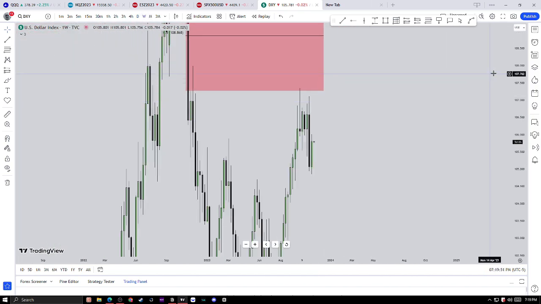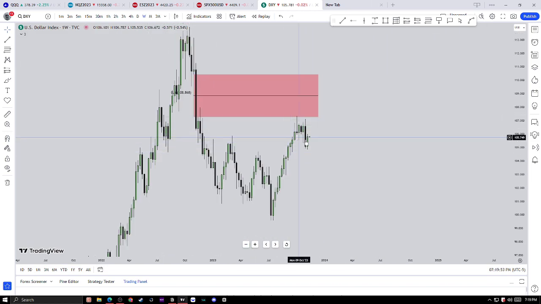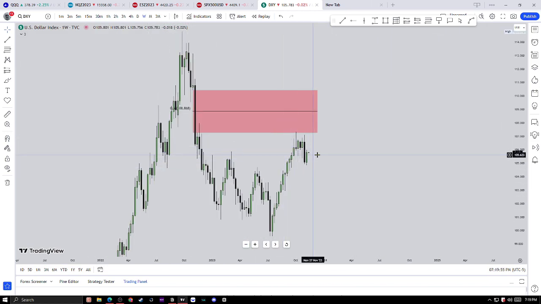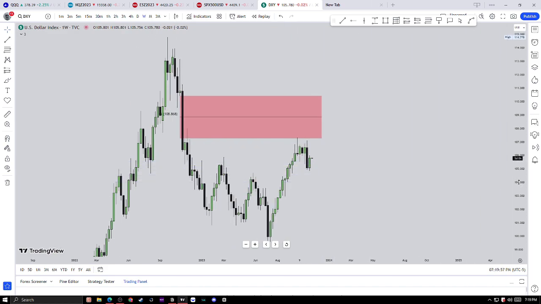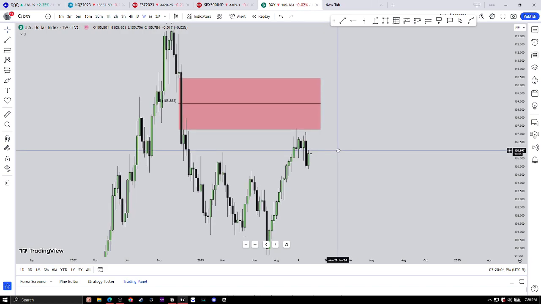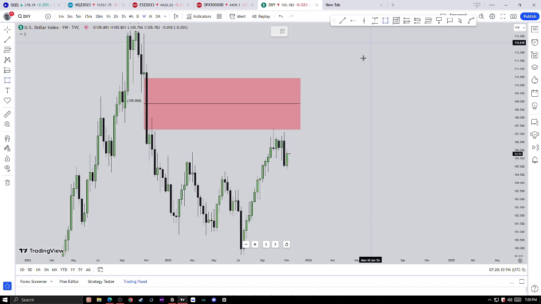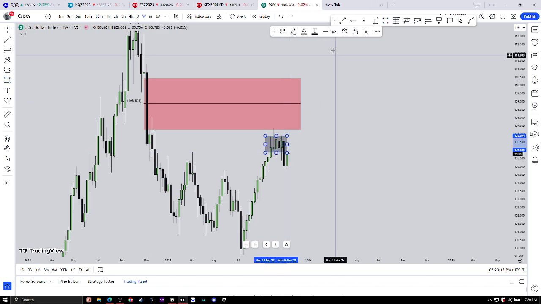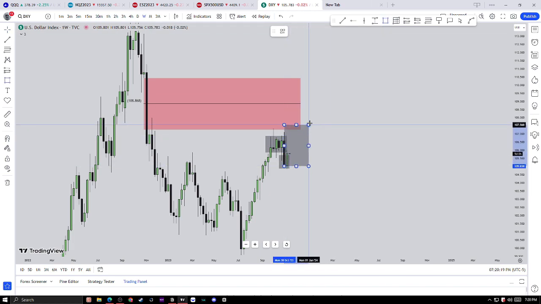DXY on the weekly, let's see how we're looking. DXY looks like it's consolidating, kind of. It looks like there's an AMD kind of thing. It looks like accumulation, manipulation under these lows, and then distribution up. That's what could be happening here. So we have accumulation, then your little manipulation down here, and then your full distribution up here.